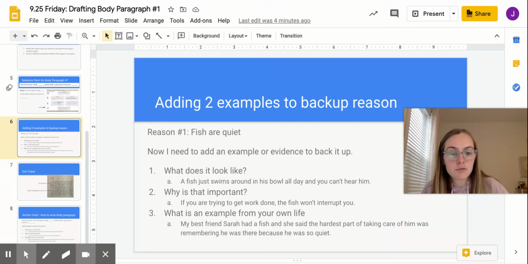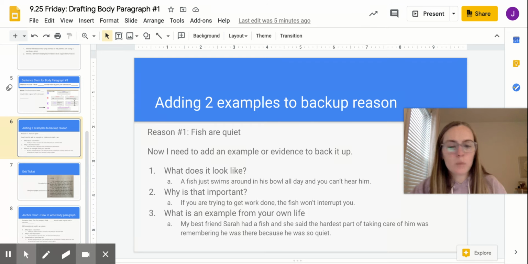So I could write in my example, my best friend Sarah had a fish, and she said the hardest part of taking care of him was remembering he was there because he was so quiet. Those are 3 examples that I could add to my writing that back up my reason and give evidence that fish are quiet and would make the perfect pet.